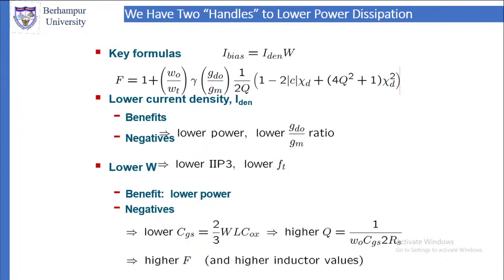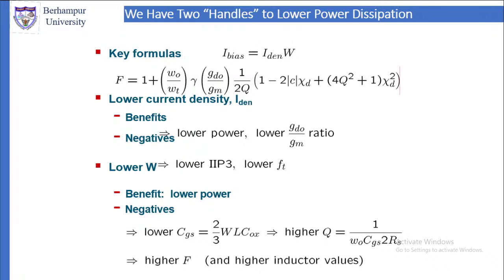Now look at the other one, W. If W is lower, then the benefit is lower power. That benefit will work. But the negative points are a lower gate source capacitance, because gate source capacitance is equal to 2 by 3 into W into L into COX. So if the gate source capacitance is lower, that will raise the quality factor.